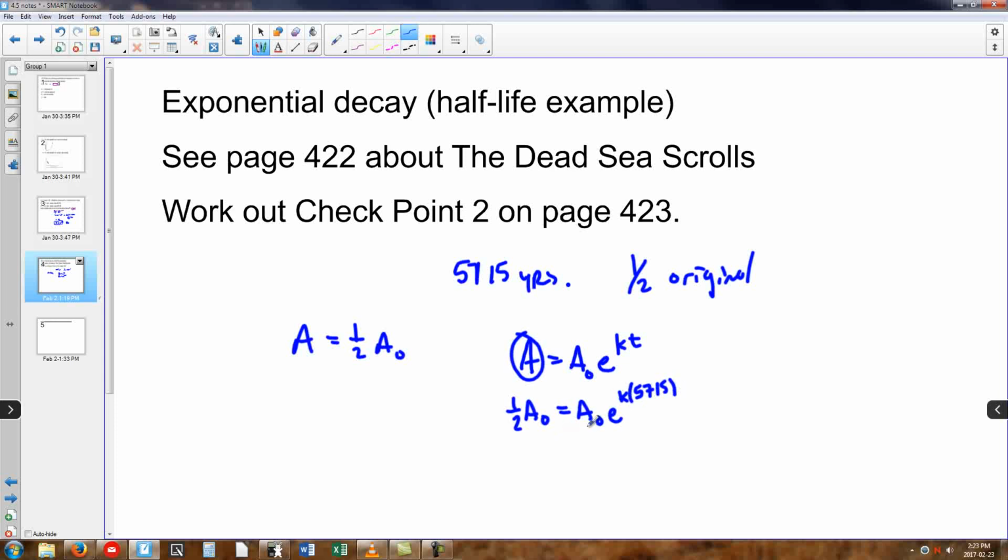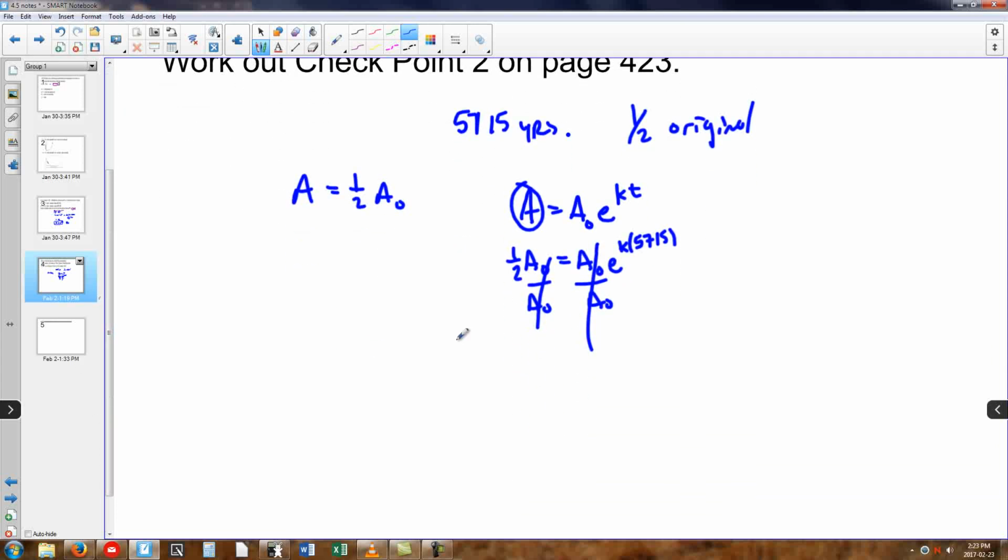The reason we like this is now my next step would be to divide by A naught, and these cancel. So now I have 1/2 equals e to the 5,715k. And this is again a logarithm that I can work with. The ln base e of 1/2 will equal the exponent 5,715k. All I have left to do is divide by 5,715 and I will know what k is.